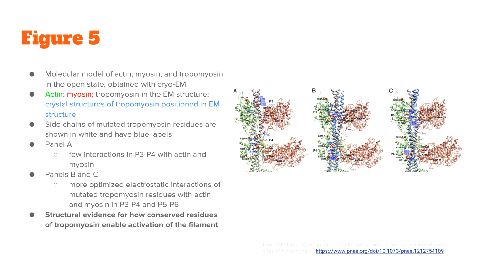In panel A, we see few interactions in P3 and P4 with actin and myosin, but in panels B and C, we see more optimized electrostatic interactions of mutated tropomyosin residues with actin and myosin and P3 and P4 and P5 and P6. Overall, this shows structural evidence for how these conserved residues of tropomyosin enable activation of the actin filament.